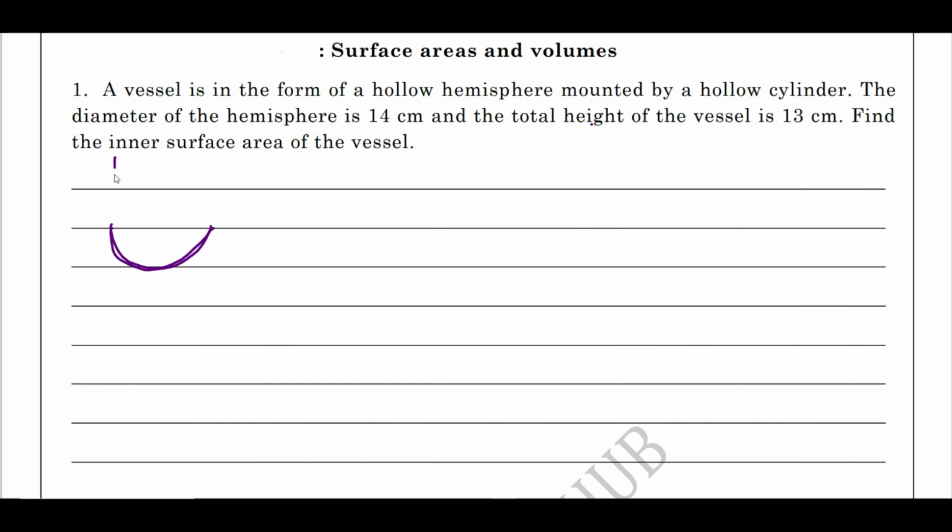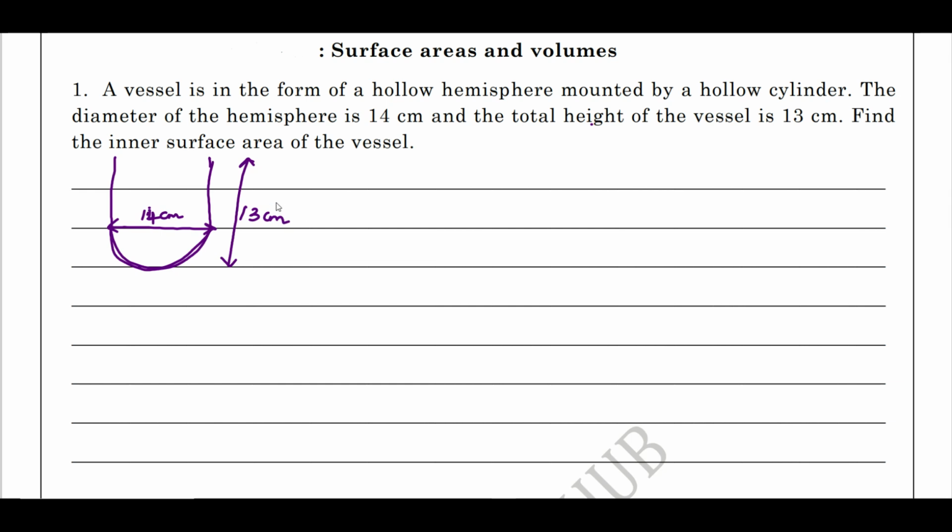The diameter of the hemisphere is 14 centimeter, and the total height of the vessel is 13 centimeter. Find the inner surface area of the vessel.